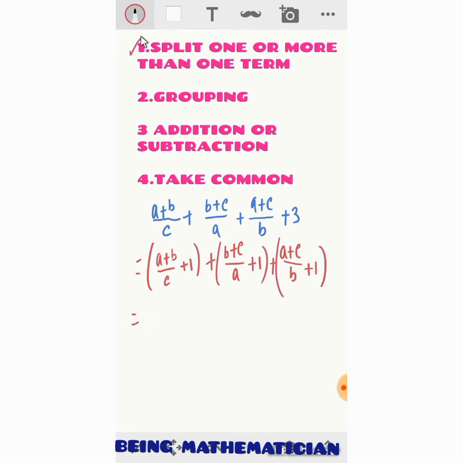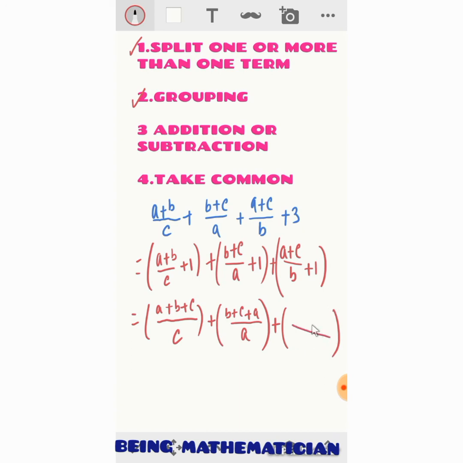Now number 1 is completed, number 2 is completed. Move to number 3, that is addition. Here subtraction is not given, so we add the expressions, that is a plus b plus c by c, a plus b plus c by a, and a plus b plus c by b.